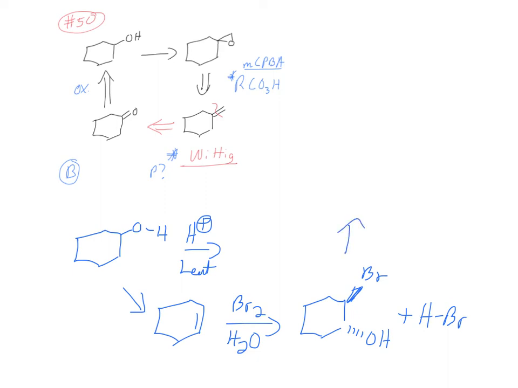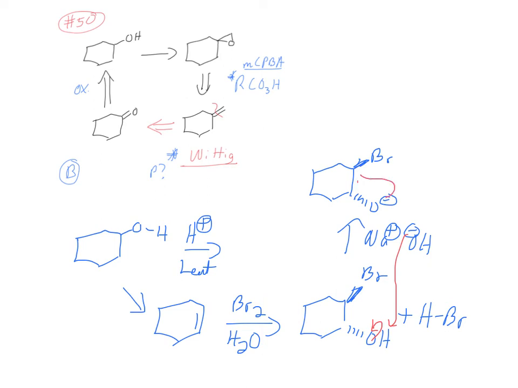And then the last step is the other way to make an epoxide. MCPBA takes an alkene and turns it into an epoxide, but here we're going to take NaOH, Na plus, OH minus, and this will deprotonate this. That gives us an O minus and a Br, which of course are trans to each other.